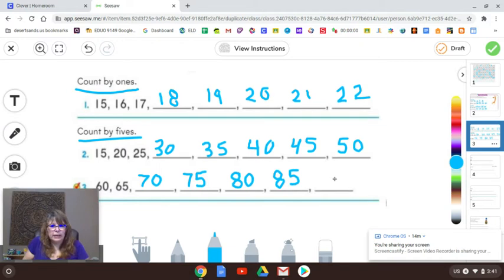So see how easy, as long as I put the number that I started with, like this number I started with, 85, that has no fingers, and then I count 5 more. So now you're going to do the next pages by yourselves.